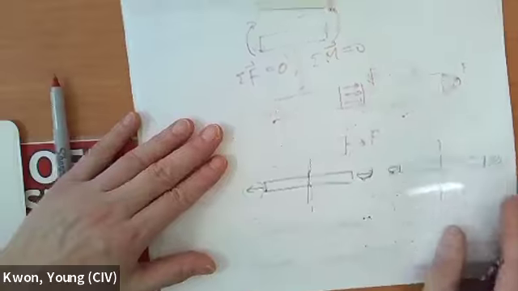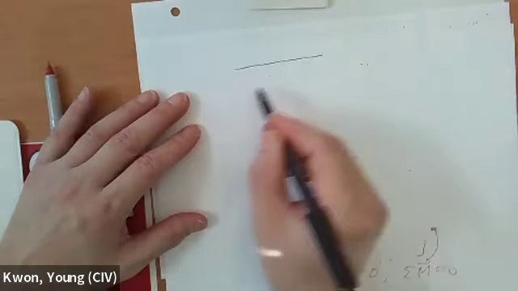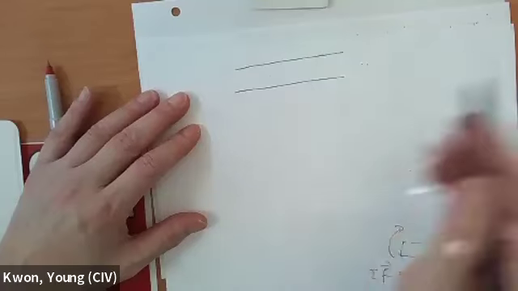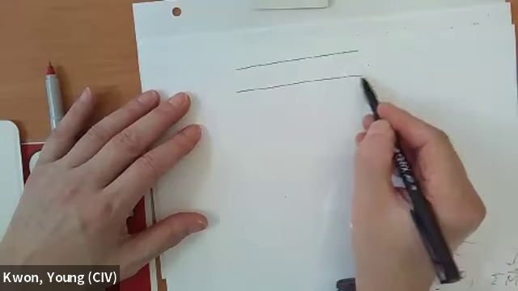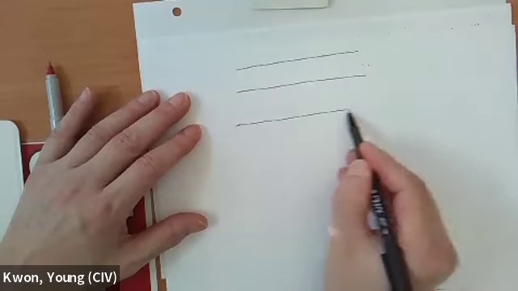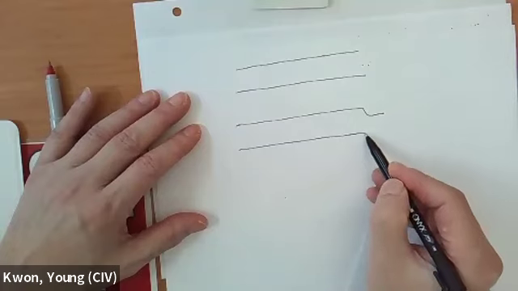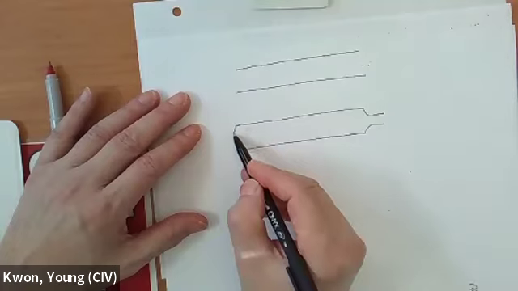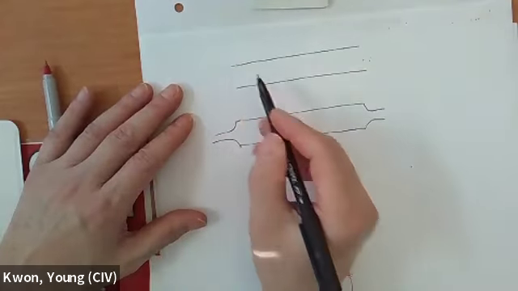So I use this simple example. If you have a pipe, let's ignore the friction at the wall, and one is going to be a pipe like this one, and the other one is going to be a pipe like that, but you got the inlet and outlet somehow narrower, okay?